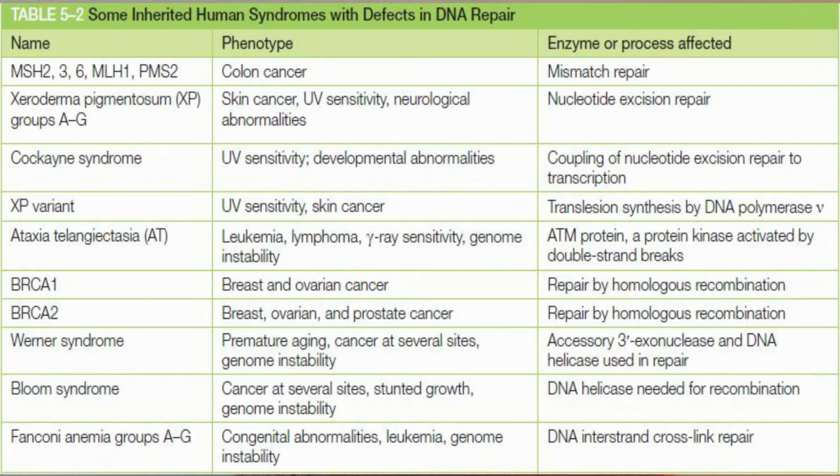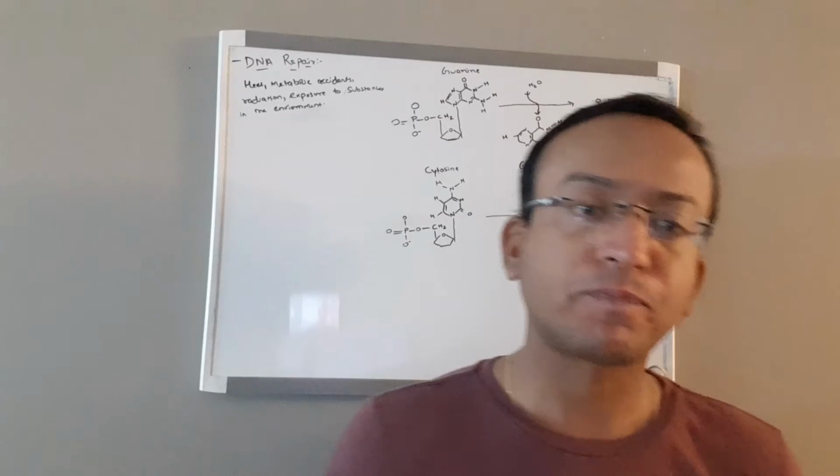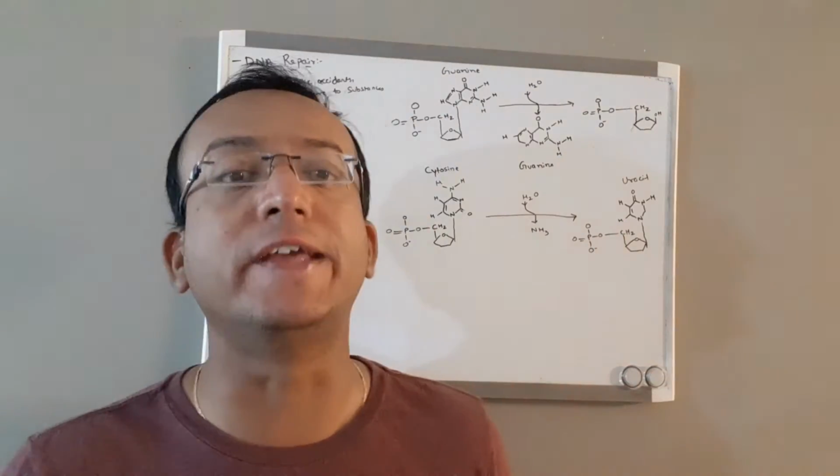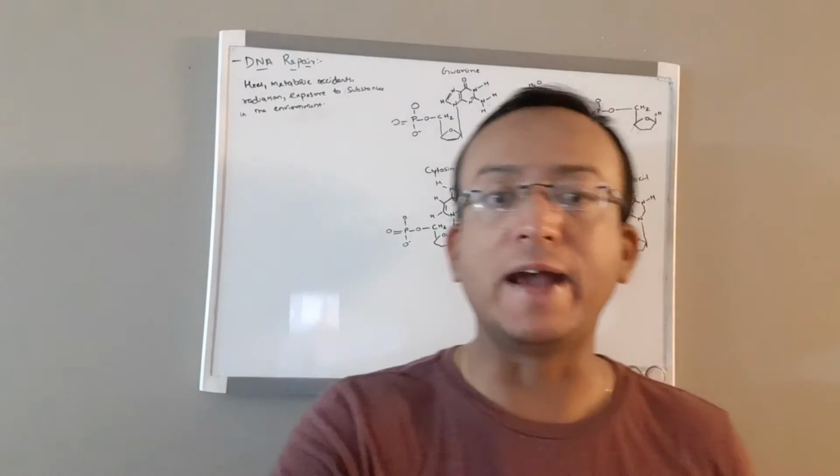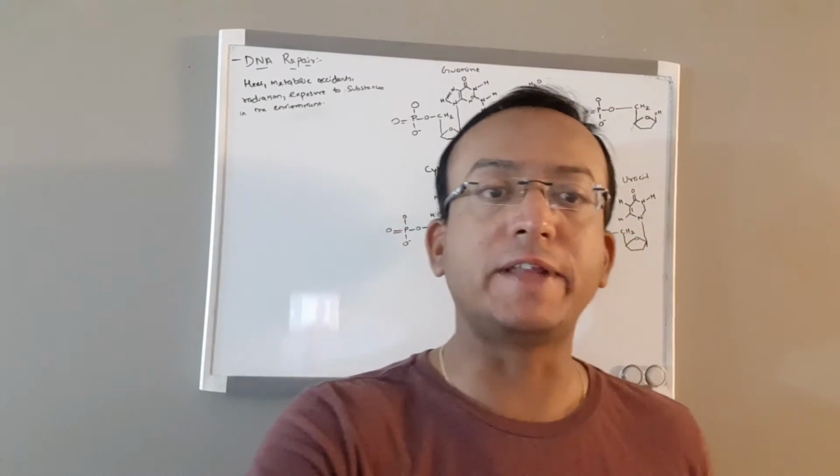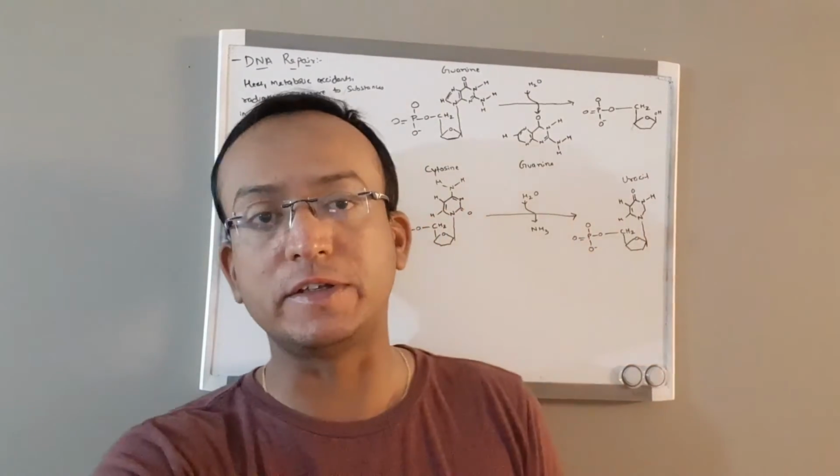Finally, mutations in the BRCA1 and BRCA2 genes compromise a type of DNA repair known as homologous recombination and are a cause of hereditary breast and ovarian cancer. These are some of the DNA repair defects that cause diseases.